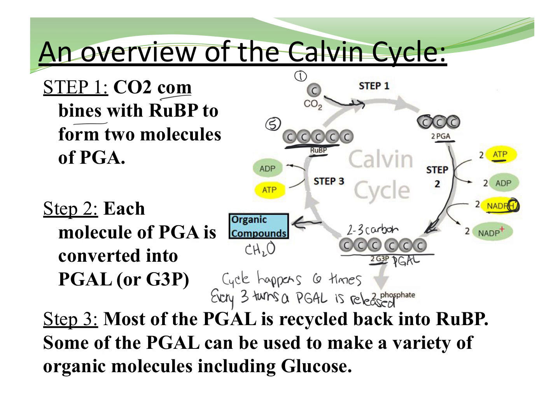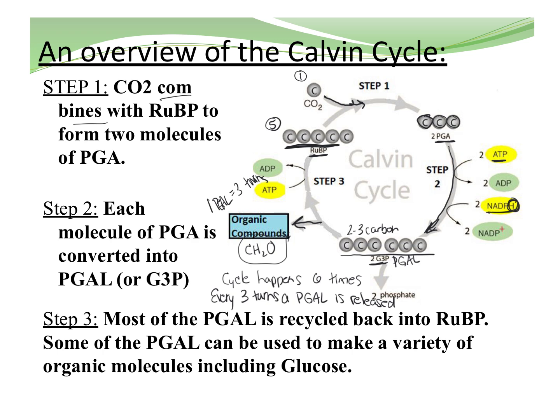So it goes through the cycle once, you get this. It goes through the cycle twice, you get that, goes through the cycle 3 times, and then you have 1 PGAL every 3 turns. Now, in order to make a glucose, you need 6 carbons.